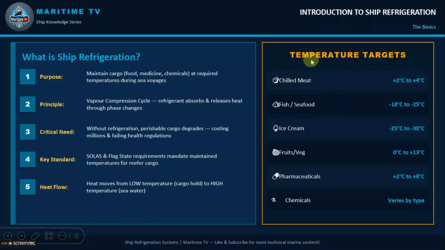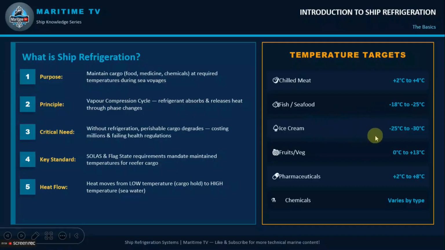Now let's see temperature targets for different cargoes or different commodities in a ship. We have chill limits. This range is between positive 2 degrees centigrade up to 4 degrees centigrade. For fish or seafood, minus 18 to minus 25.